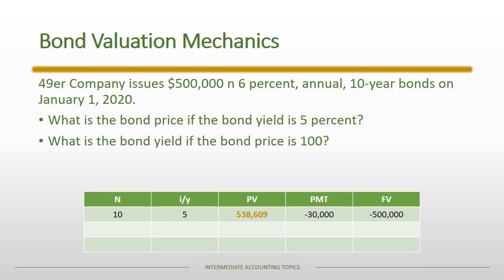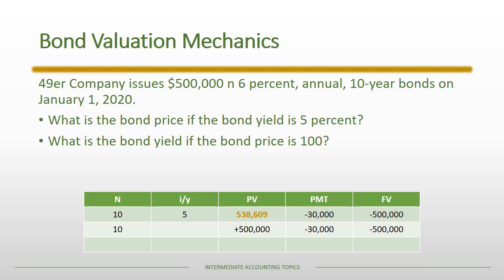So the next one is, what is the bond yield if the bond price is 100? This is more for illustrative purposes, but I want to walk you through it. In this scenario, the N, the payment, and the FV are exactly the same, and the reason is because those are the contractual obligations, and those don't change depending on the bond yield or the bond price. In this case, we're given the bond price.